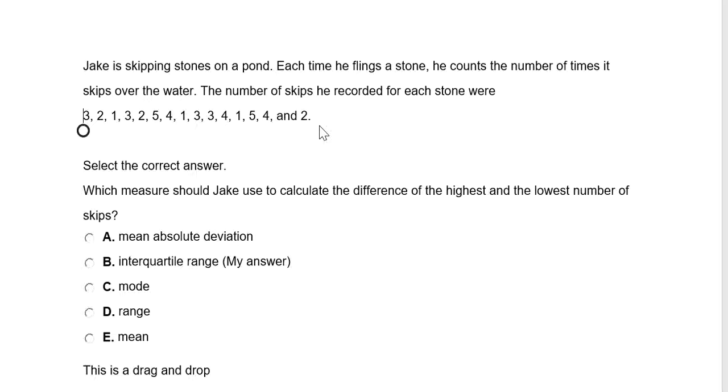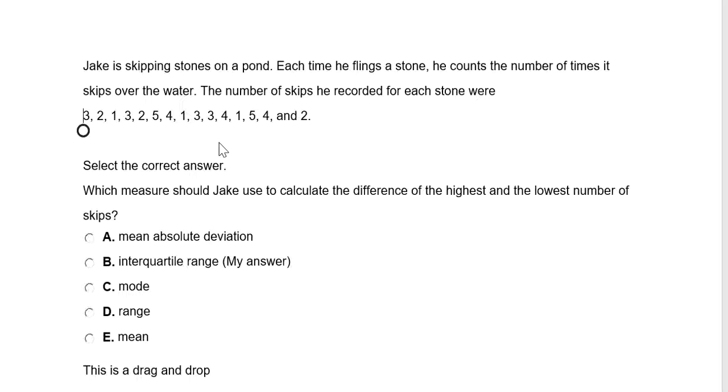The definition of the range is the difference of the highest and the lowest number in a set of data. So the answer would be D, range. When we think of the range, if these were ordered on a number line from lowest to highest, then the range would be talking about how wide of a set of values we have.